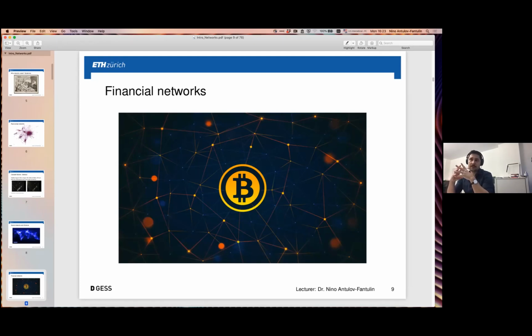In the network of Bitcoin, we need to define what the nodes are. The nodes can be, for example, sets of addresses, so wallets that can send and receive cryptocurrencies. The edges exist if there was a transaction from one set of wallets to a different set of wallets.